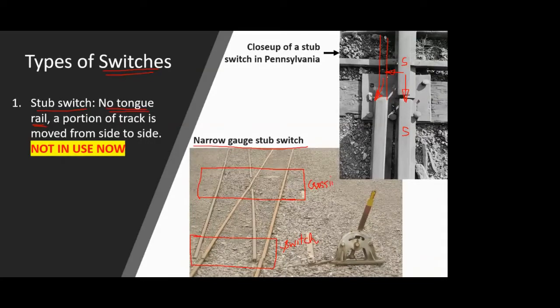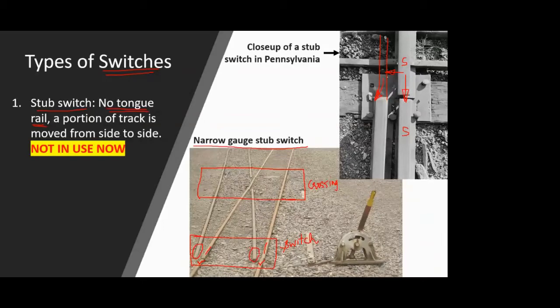Now, if the railway has to change the track, you can see here that there is no tongue rail as such, or tapered rail. This is the rail I am putting a tick mark on. These rails are moved either to match the alignment of the rails laid ahead of them, or to match the alignment of the rails I am encircling.